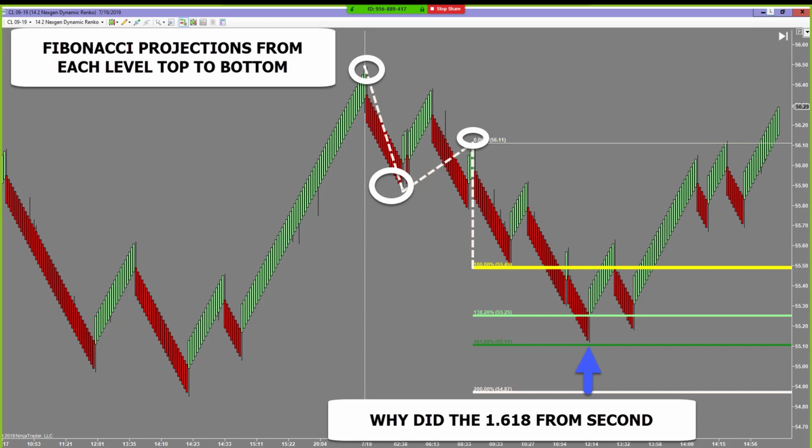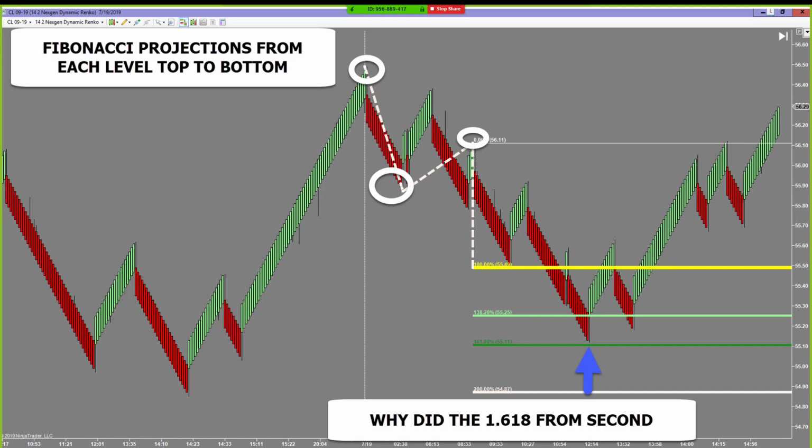So what does that really mean? It means that all Fibonacci lines are going to cause bounces and not all of them are going to cause reversals. So the magic is trying to figure out which one consistently is going to cause the reversal.